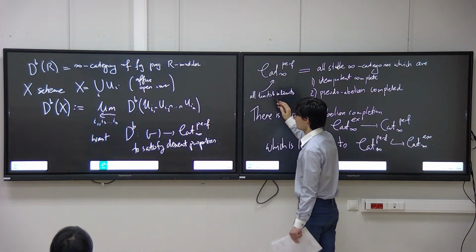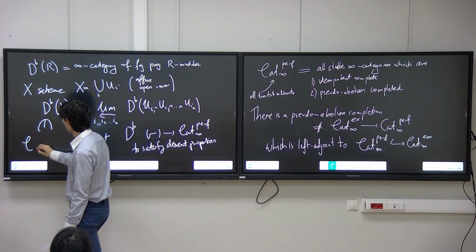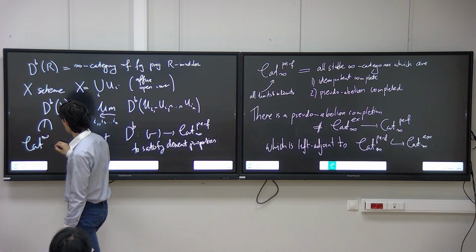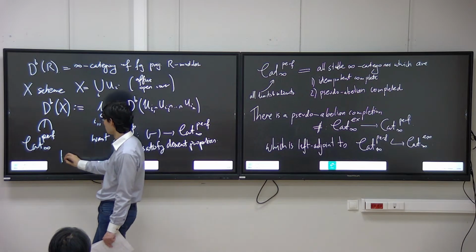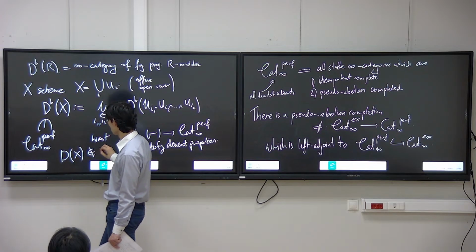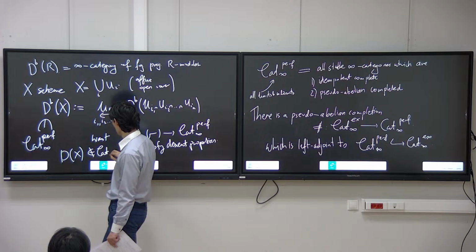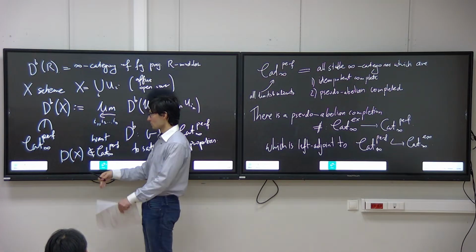Another thing is that D^b(X) is certainly inside Cat^perf, but the unbounded version, D(X), often is not. It's one reason why I said in the beginning that the unbounded version is a bit too big.